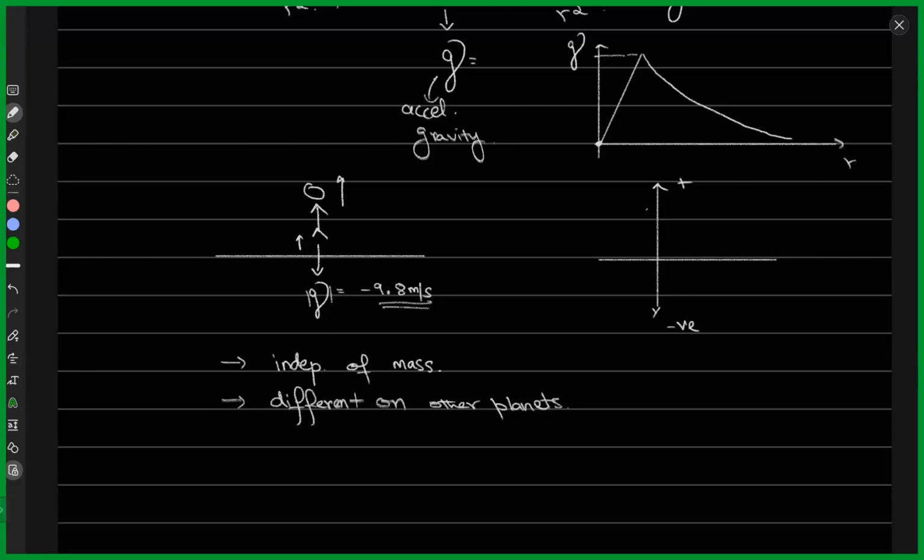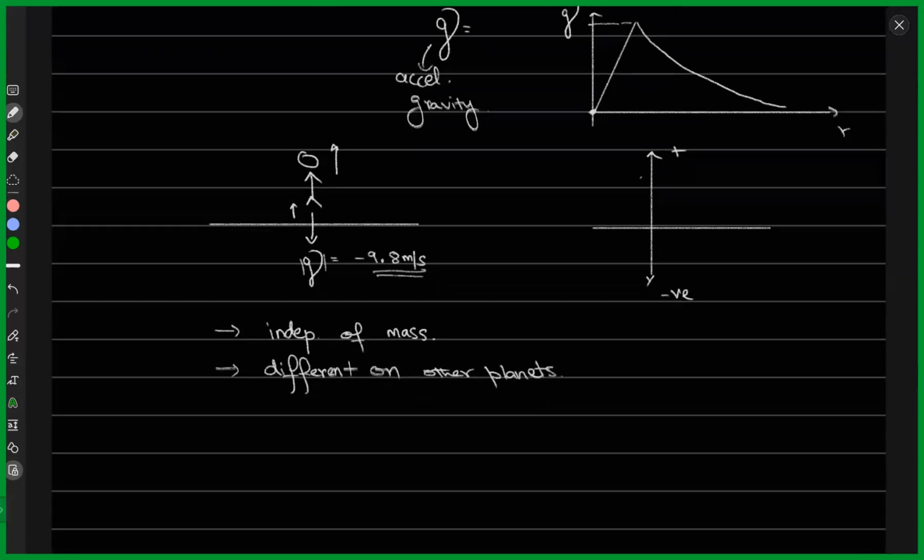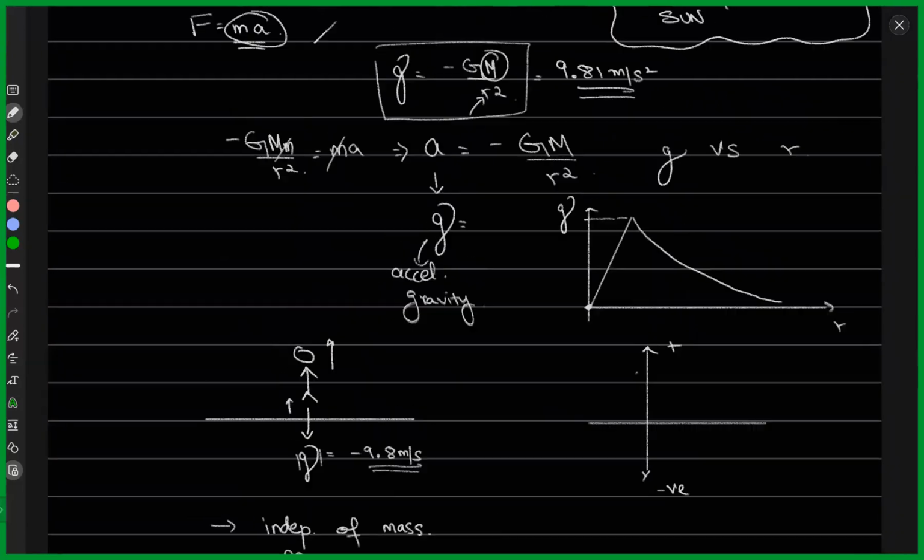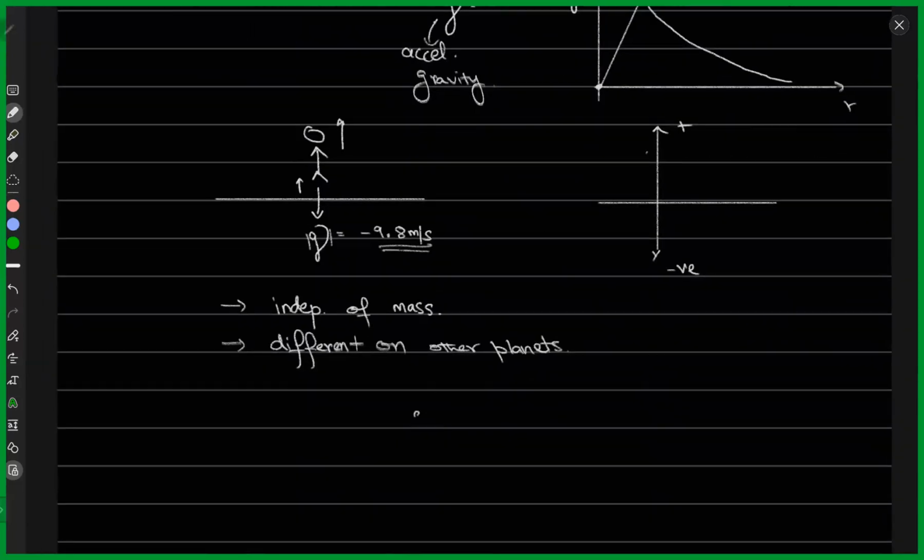It is going to change as you move from planet to planet. The reason for that lies in this expression that I wrote over here: g is, let's again ignore the signs, G m by r squared, where m is the mass of the planet.